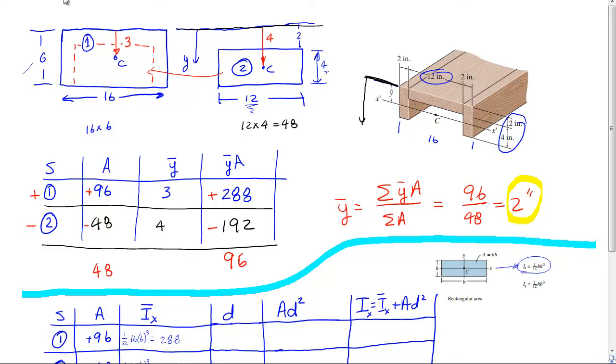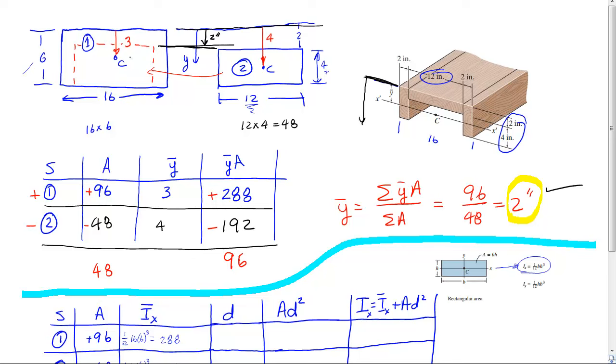Therefore, if I came across here and drew a straight line, it would be at this point. Okay, that's not quite coming up, but this is supposed to be right here. This is the 2 inches.